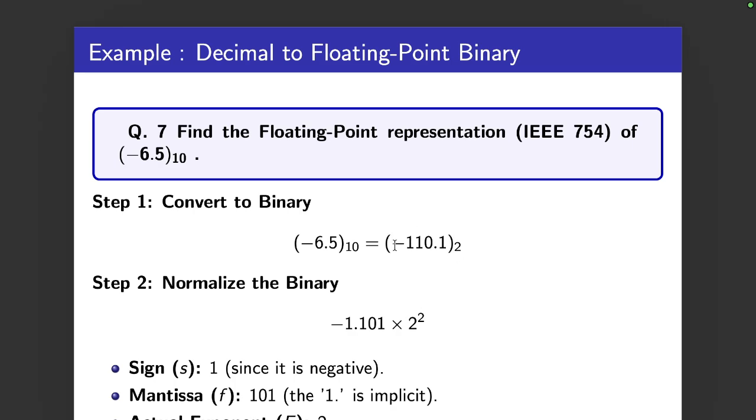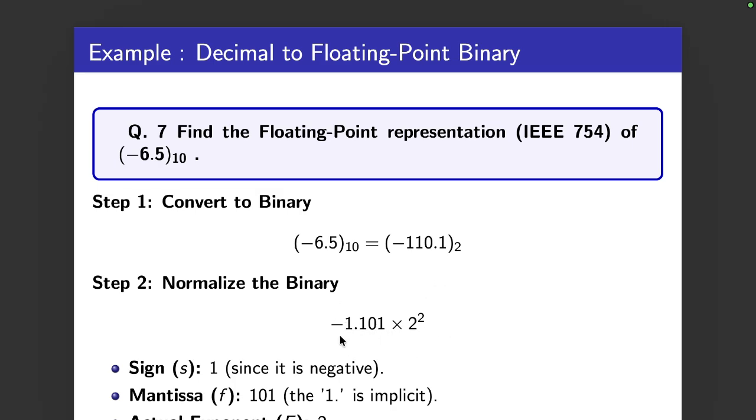So this can be written as minus 1.101 times 2 to the power 2, because the point moves 2 places to the left. This is the normalized form.